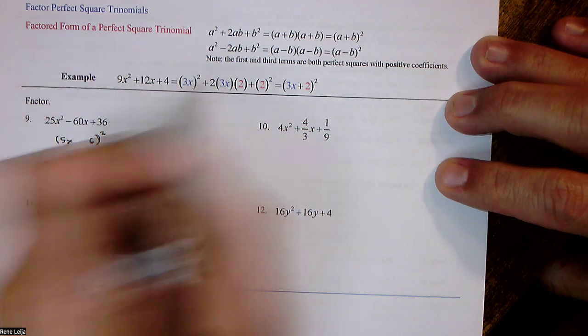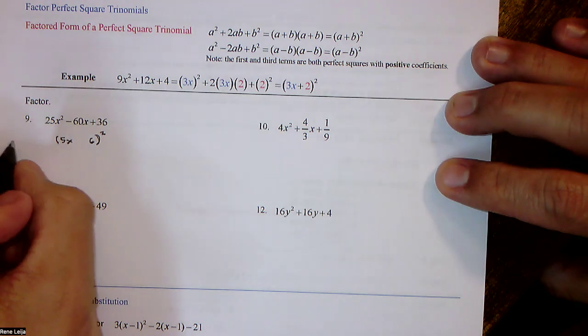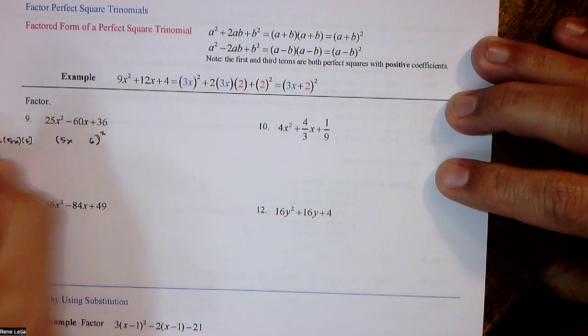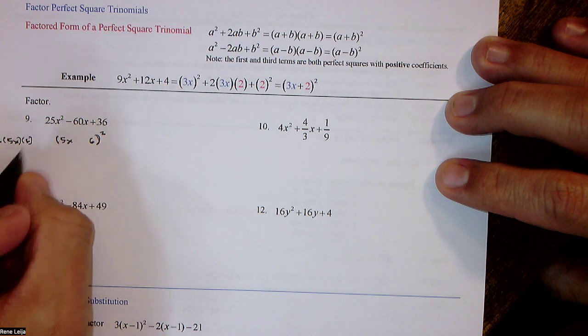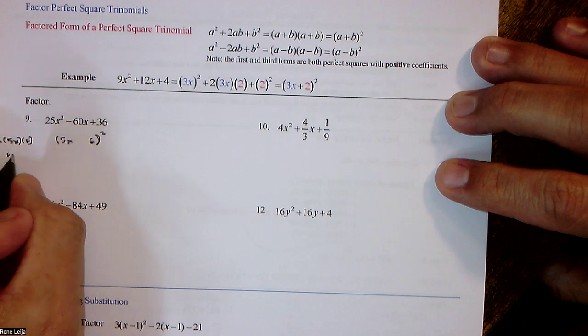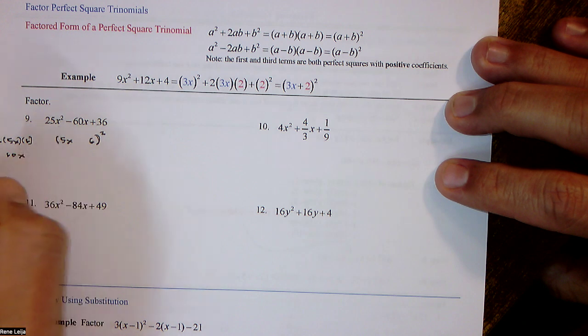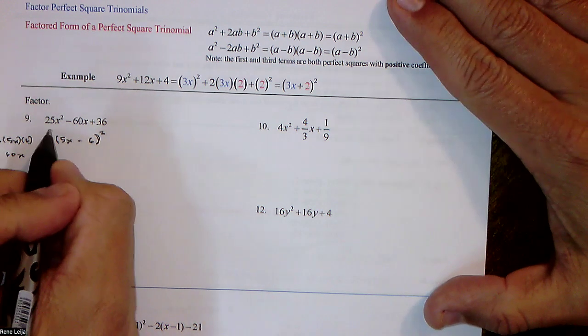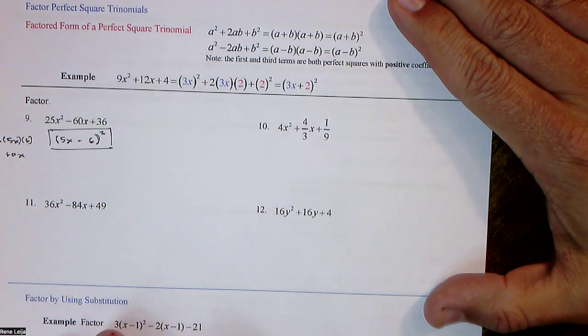Okay, now to check the 2ab, here's a times b and then times 2. So 2 times 5 is 10 times 6 is 60x. I got my middle term back, so that means I take the sign. And that's it. Okay, that's how you check it.